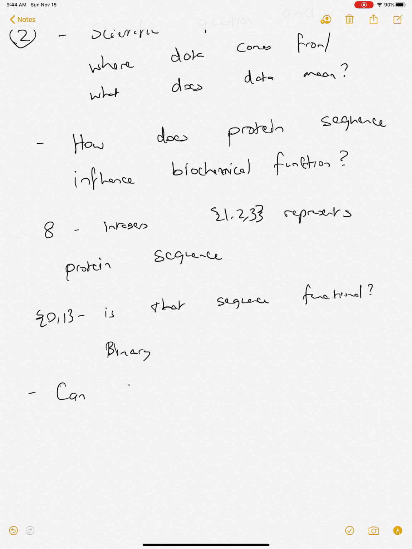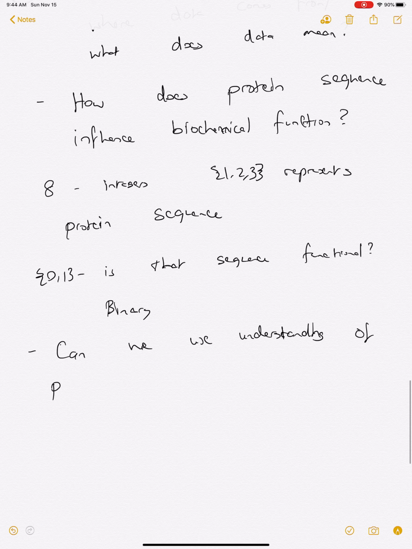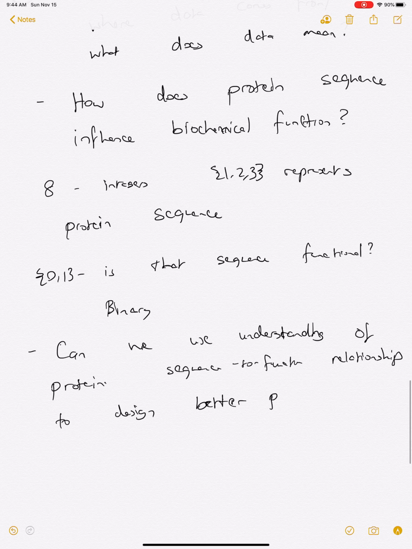Can we use understanding of the protein sequence to function relationship to design better proteins? These are going to be synthetic proteins that are designed in a lab.